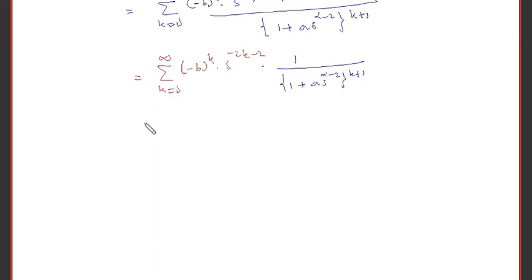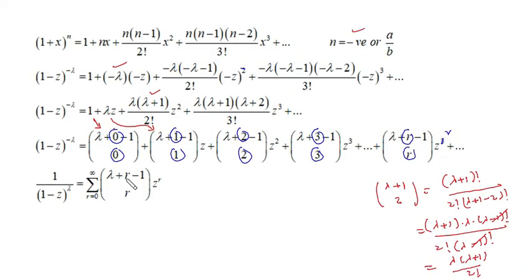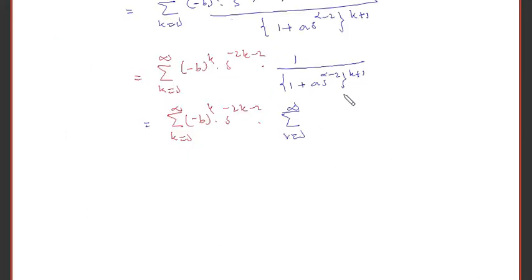So using that formula, I can write summation k from 0 to infinity minus b to the power k and s to the power minus 2k minus 2, and then this thing becomes summation r from 0 to infinity, and you can see that lambda, which is the power, plus r minus 1, and here the power is k plus 1, so it is k plus 1 plus r minus 1, and here is just r, c, this symbol, and z is minus a s to the power alpha minus 2 and whole power r.